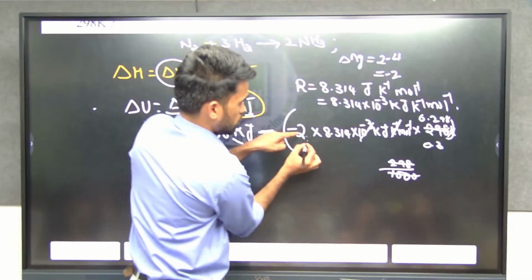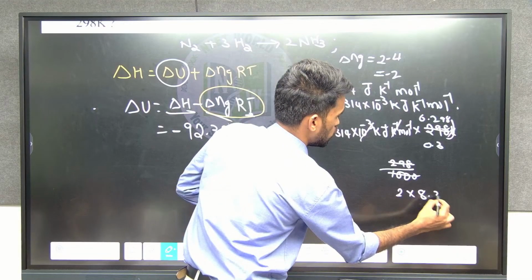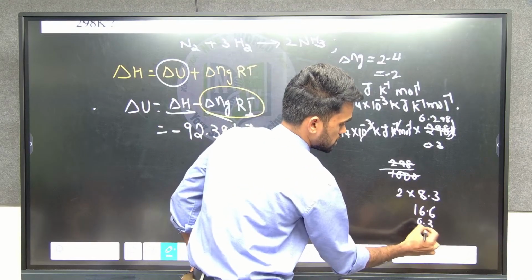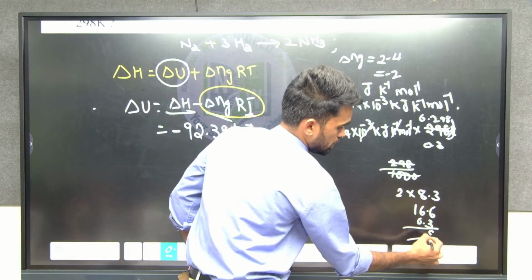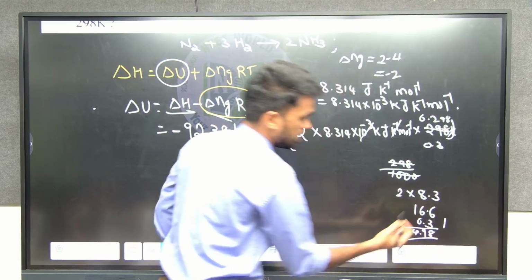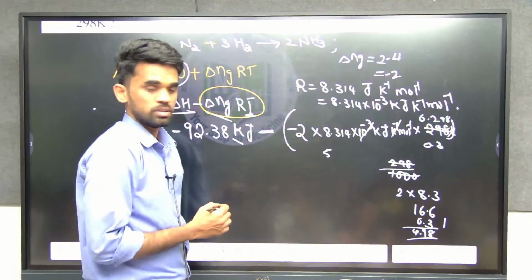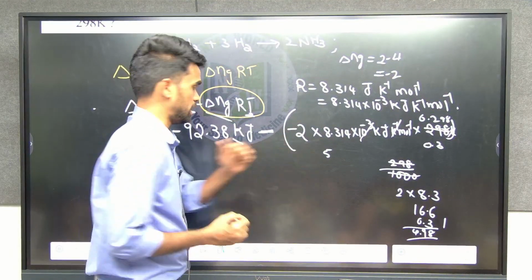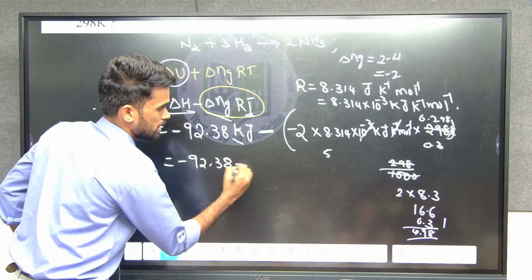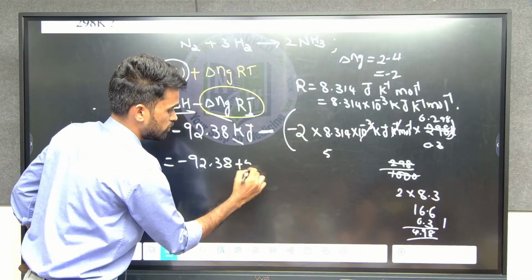So 2 into 8.3, how much? 16. Next, 0.3 means 18, 4.98 we got. So this is around 5, and the symbol is minus. So minus 92.38 minus of minus, plus 5.